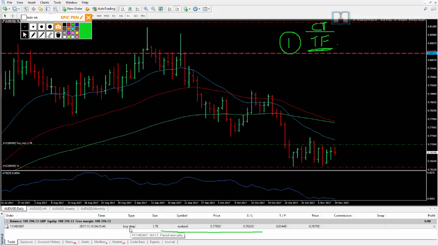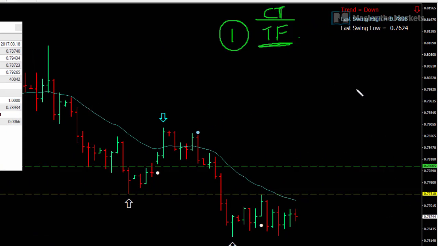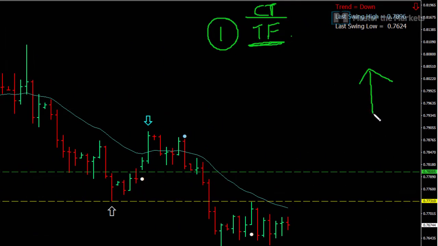We're having a buy stop order in the market. Now, as you can see, if I'm going long, that means I'm buying in a downtrend, when the market is going down and I'm buying when it's going down, of course that is a counter trend because I'm going against the wave, isn't it?